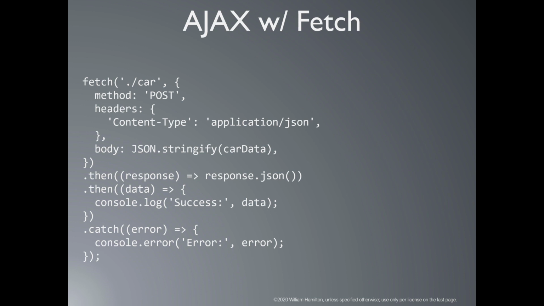So in this case, .then is called whenever this request successfully completes. This is actually a lambda function, which is sort of a shorthand notation for a function, which is another thing in JavaScript. But just think of this as function parentheses response, open brackets, return response.json, close brackets.